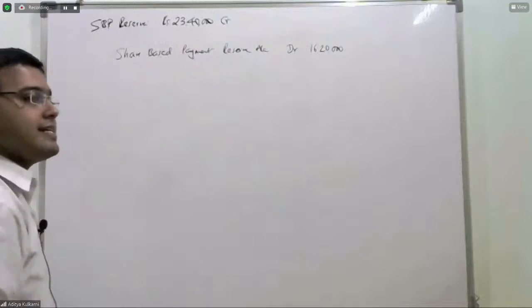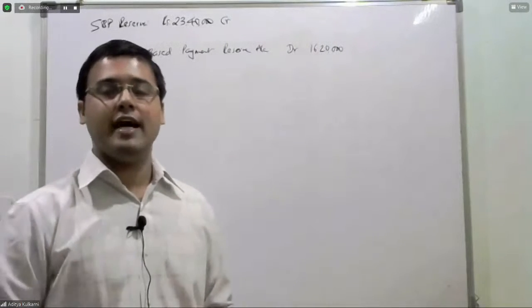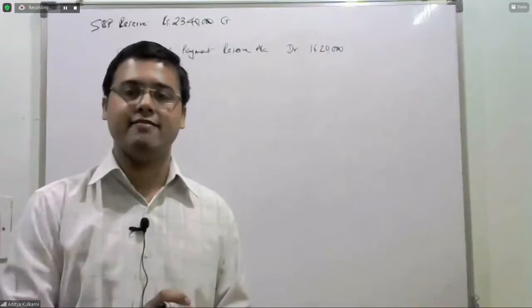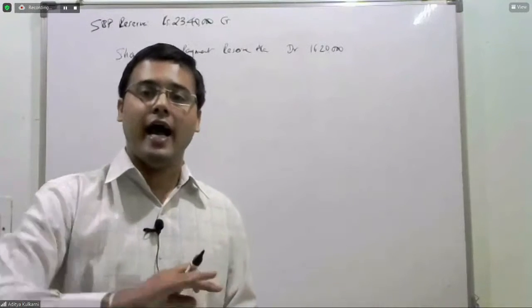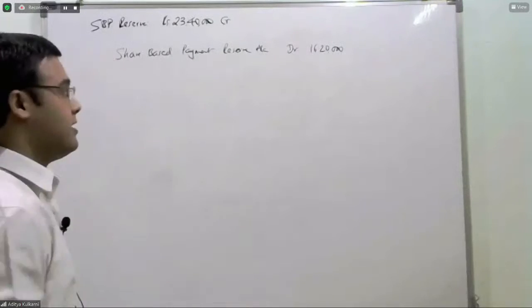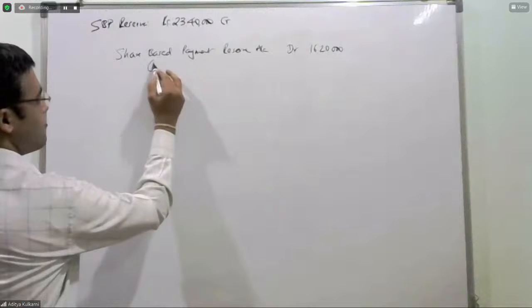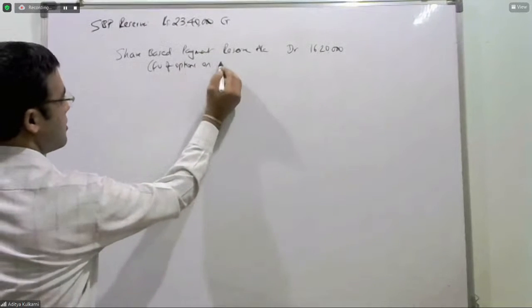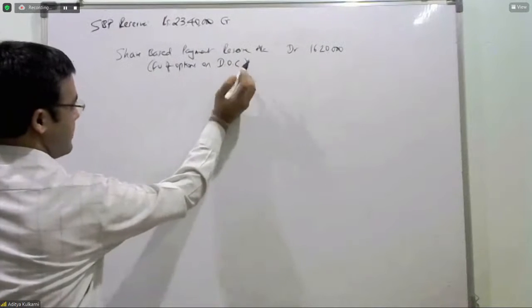It is now treated as an extinguishment of a liability, because I told you the moment there is a cancellation, accelerate the vesting, record the liability and pay it in cash is equivalent to extinguishment of a liability. This is fair value of options on date of cancellation.